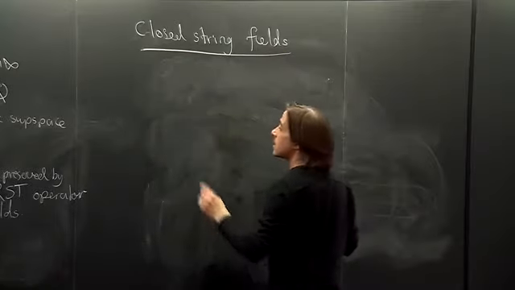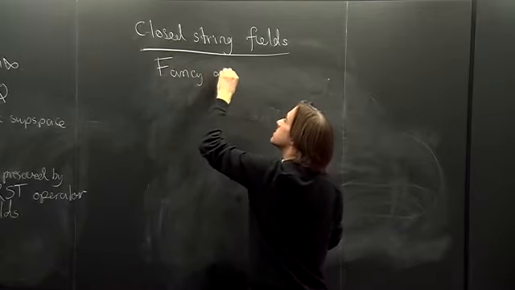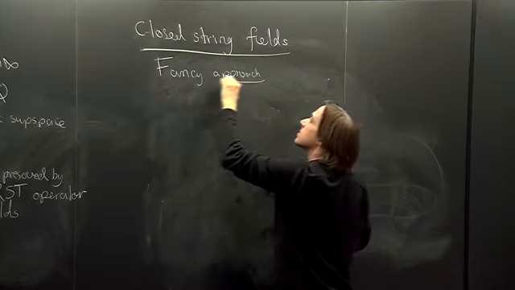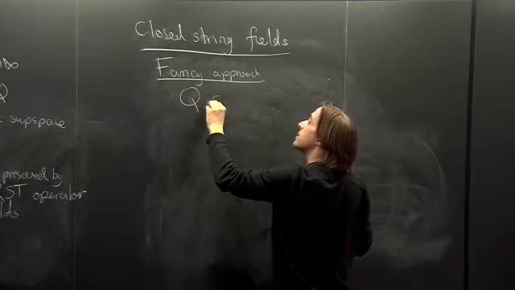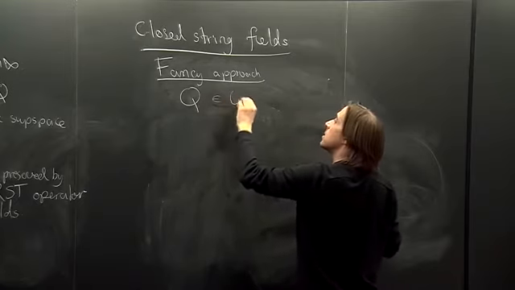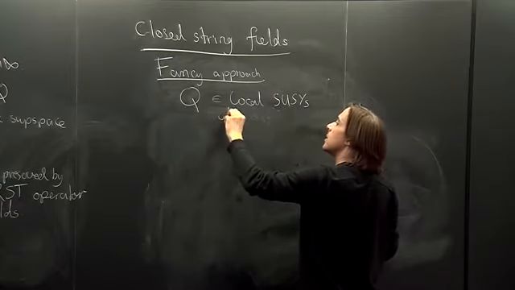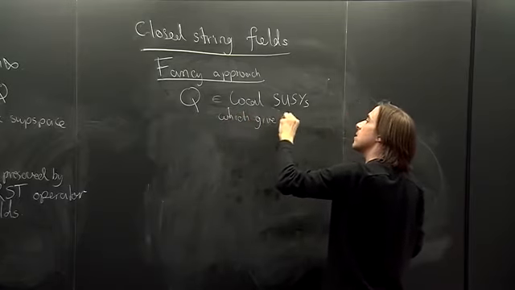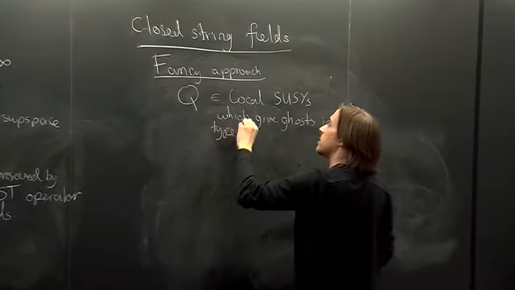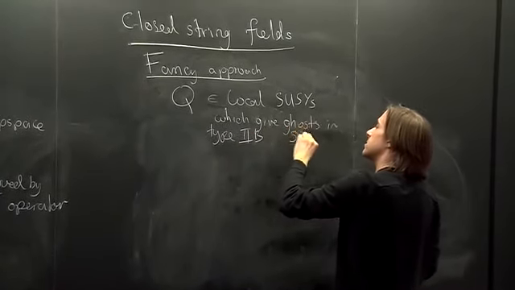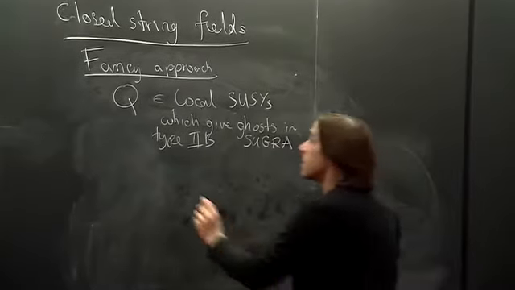For closed string fields, the fancy way to say it is that Q is an element of the local supersymmetries which give ghosts in type IIB supergravity.